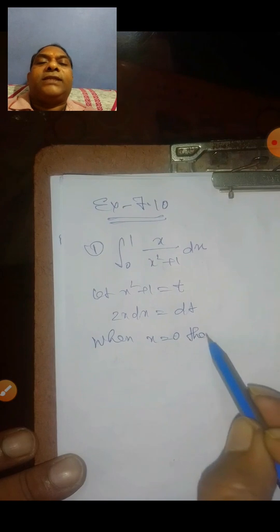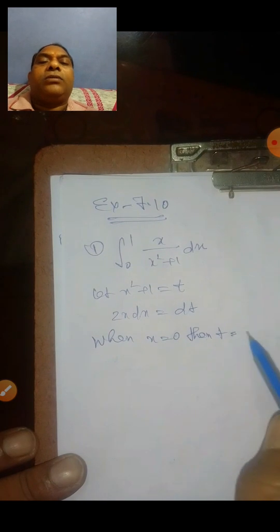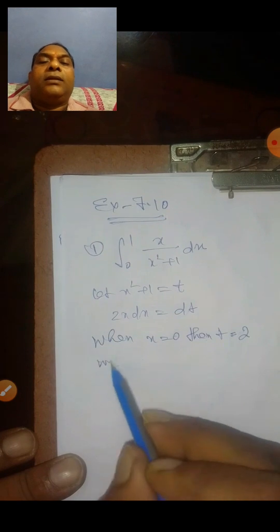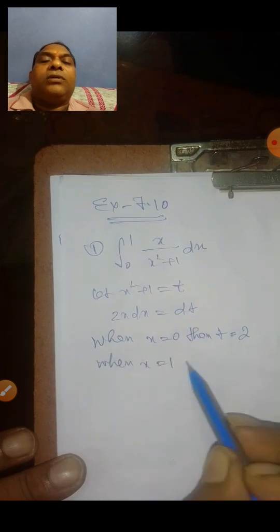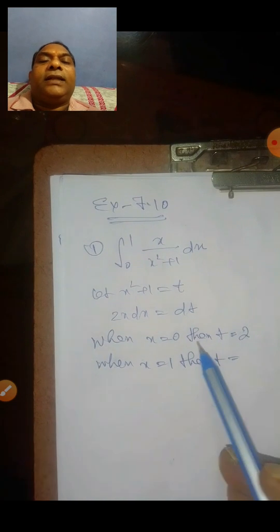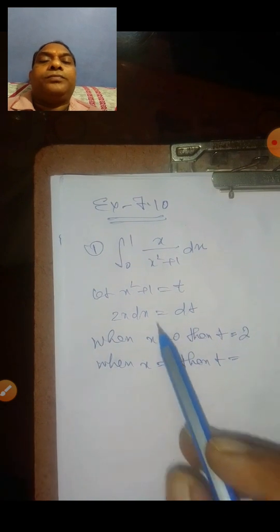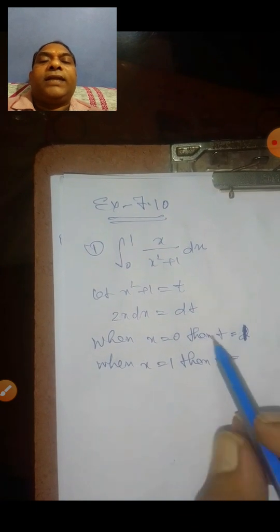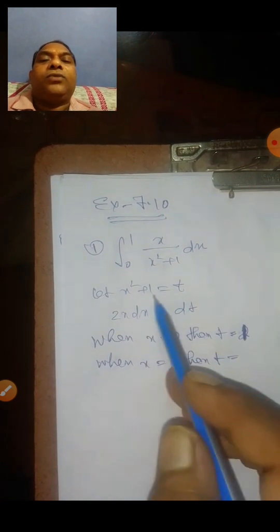Now change the limit also. When x is equal to 0, then t is equal to 1. When x is equal to 1, then t is equal to 2.